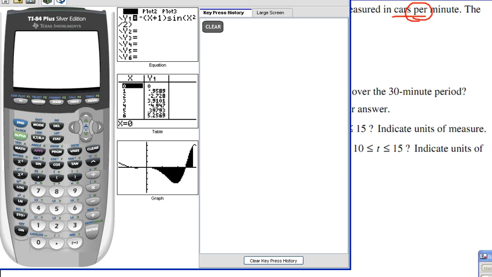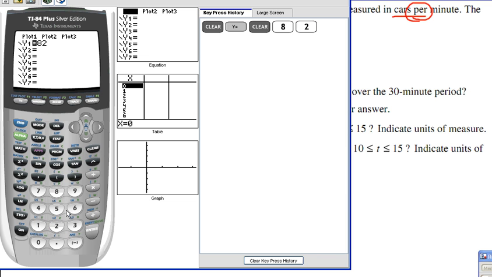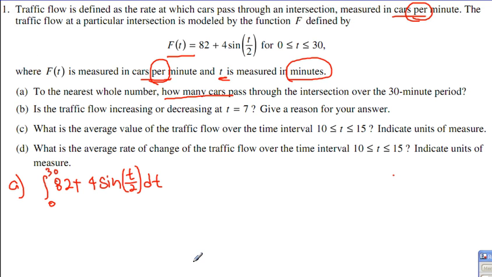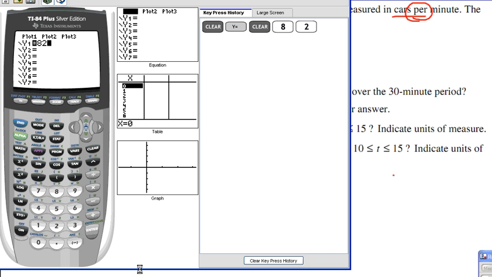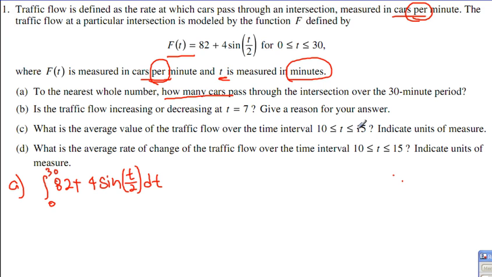As you can see right here, we will put y equals, we're going to clear first, we have 82 plus 4 sine of, in this case, we're just going to write down x over 2 instead of t over 2, from 0 to 30.